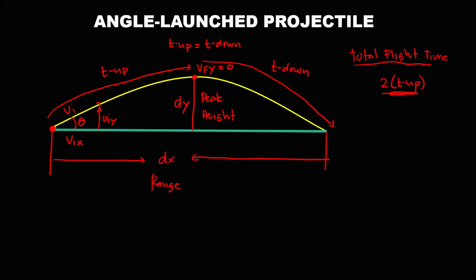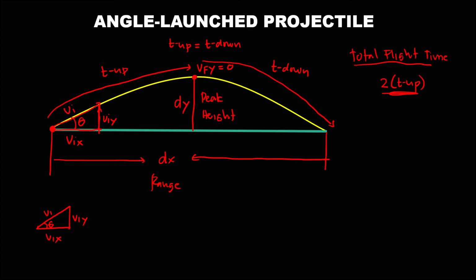Then observe from this initial velocity, the initial velocity for x and the initial velocity for y. So we have this right triangle. This is theta, the initial velocity for x, and the initial velocity for y.